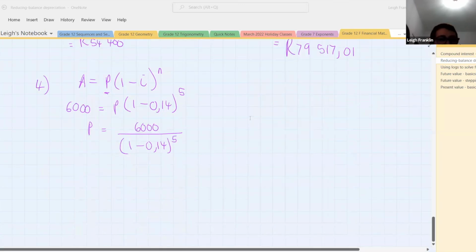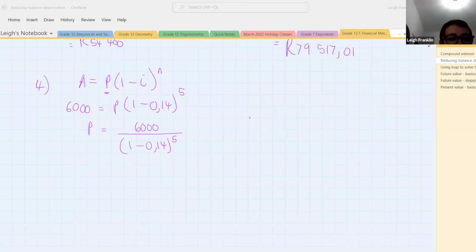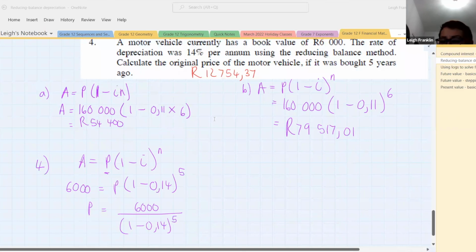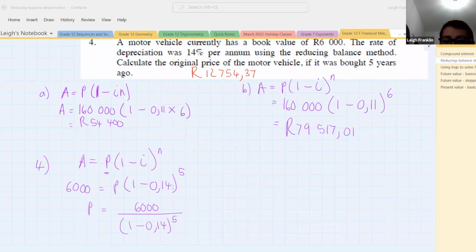Okay, so we've now subbed in our A value of 6,000. P is what we want to calculate, because P was the original price of the motor vehicle. It equals (1 minus i), so I'm subbing in 1 minus 0.14 because that was my interest rate, to the power of 5. Now I want to make P the subject of the formula, so I'm dividing both sides by the bracket.